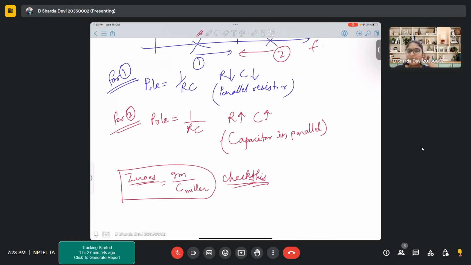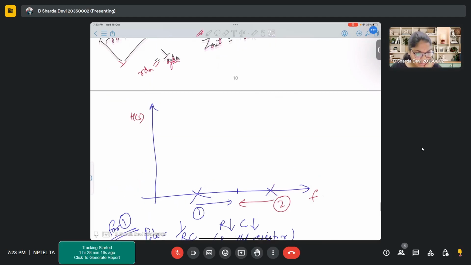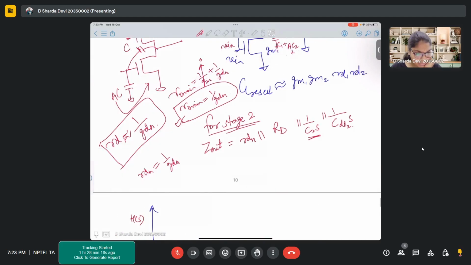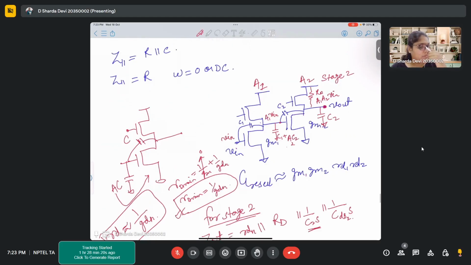Ma'am, in the case of cascaded, say two-stage or three-stage amplifier, when you are asked about the output impedance, do you have to consider the impedance at the output only, or do you have to trace it back? Because the equation that has been derived involves most of the parameters except gm1.